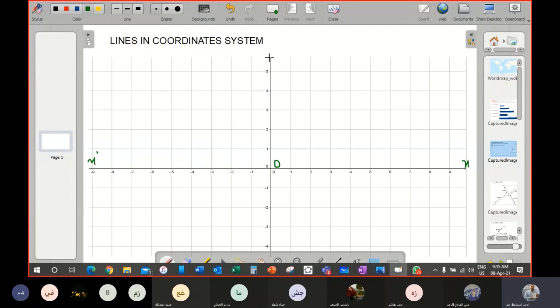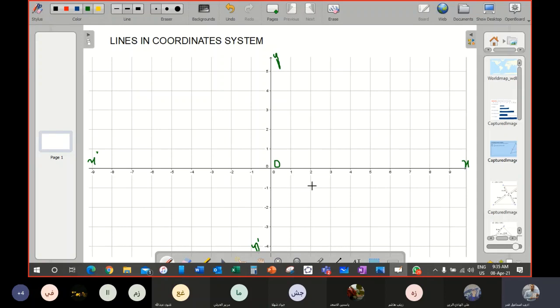And what do we call the vertical axis? Axis of ordinates, which is the y-axis. Put y to the positive side and y prime down to the negative side.